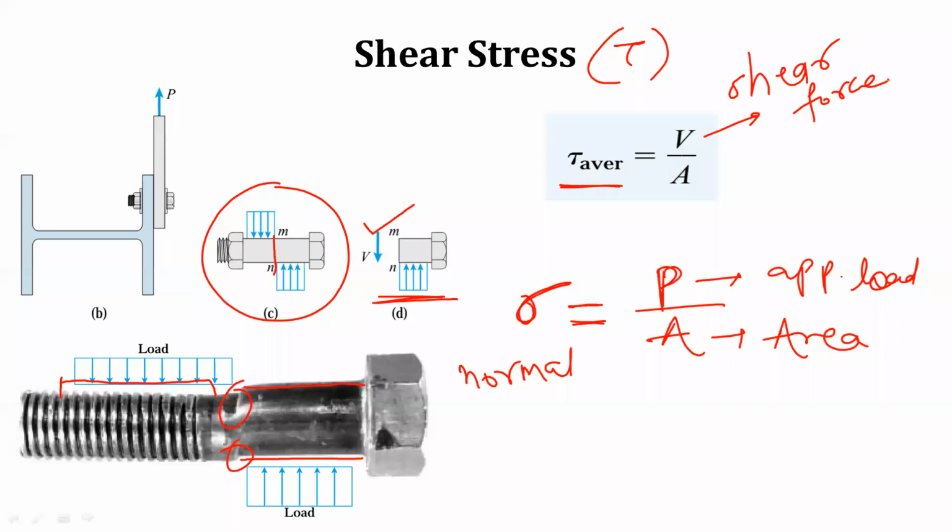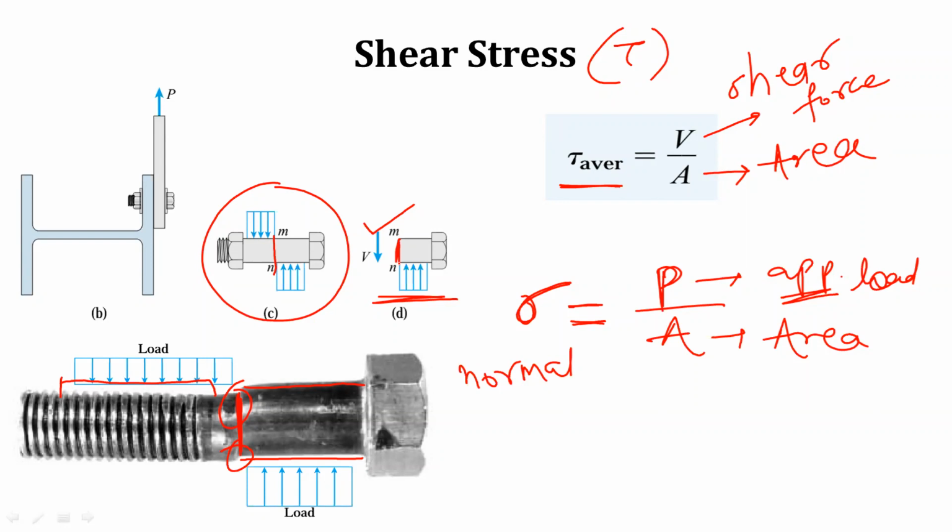Earlier it was applied load, that was normal in direction, correct? And here, area. Which area do we have to consider here? This area, that is the shear area. So the definition of shear stress, again I will mention directly, is shear force divided by area.